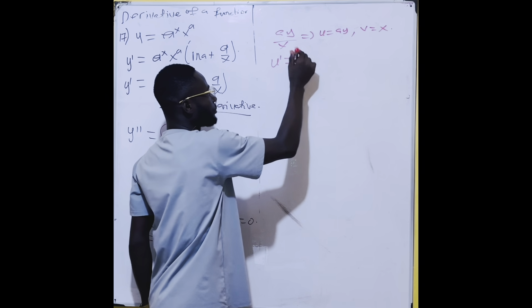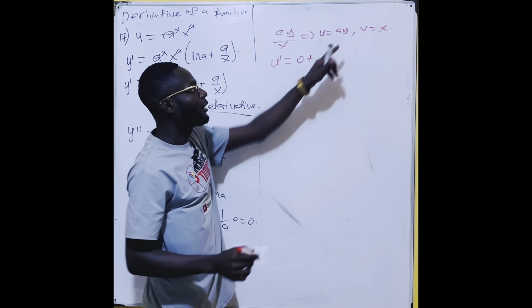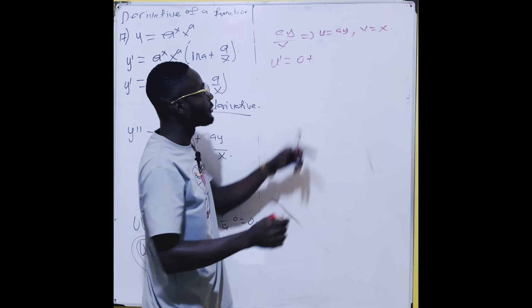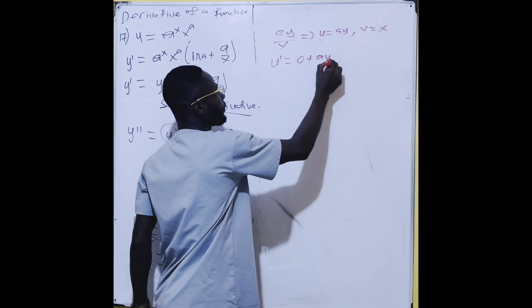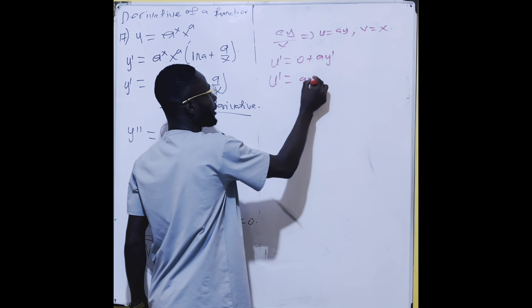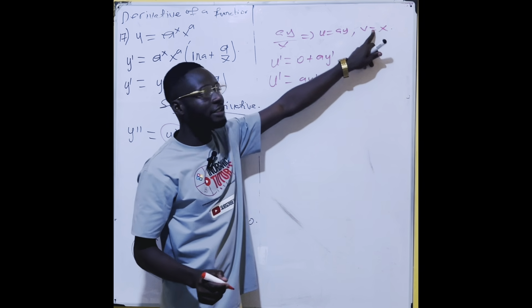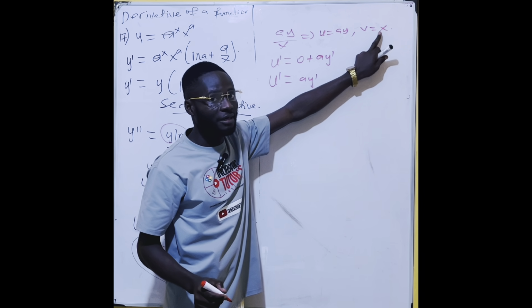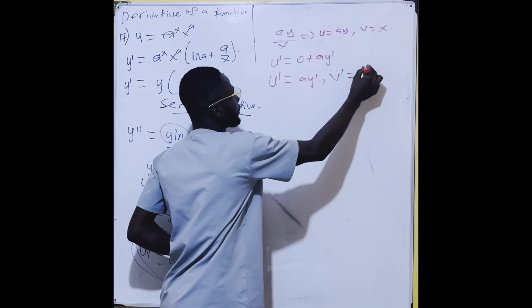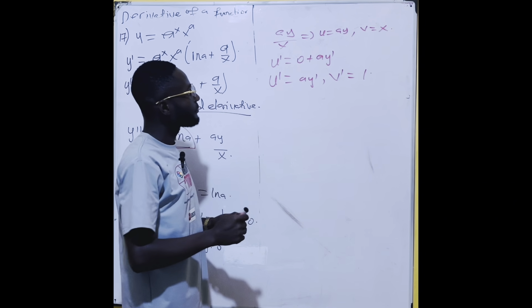So 0 times y will become 0 plus, we maintain a, differentiate y. So we're going to have a y prime. So it means that our u prime will be a y prime. Then we differentiate v to have v prime. So that will be 1. So we have v prime equal to 1, right?